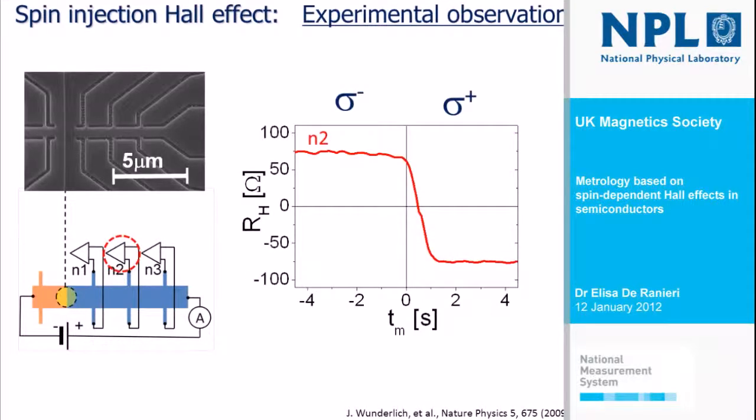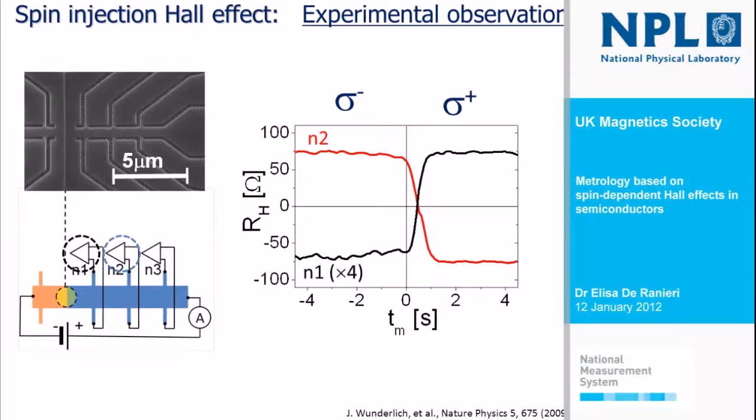And the second important feature that they observed was that if you now look at the signal at different crosses along the path, the electrons are drifting this way. So, for example, at cross 2, you have this certain signal for the two helicities of the light polarization.